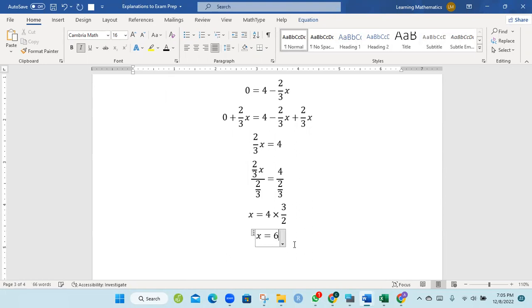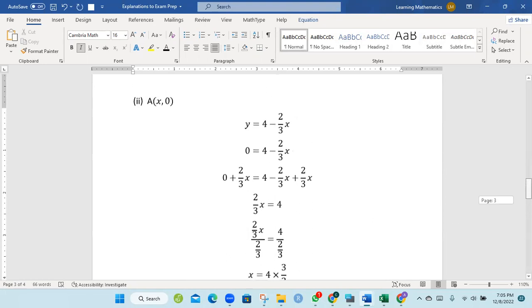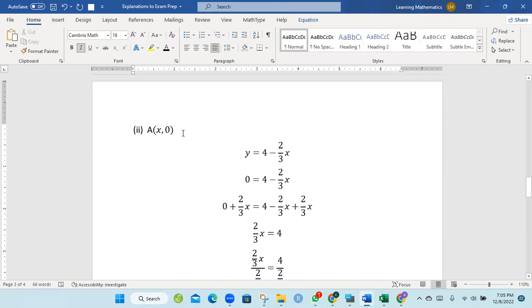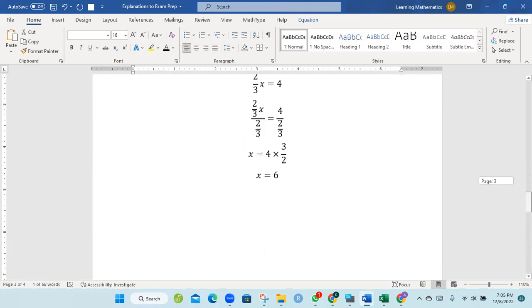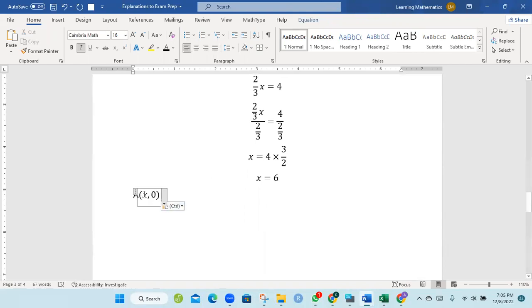So the x coordinate is 6. Therefore the coordinates of A are 6, 0.